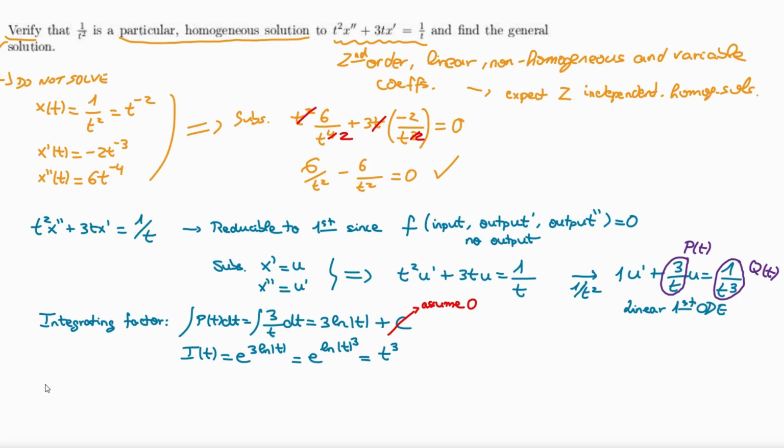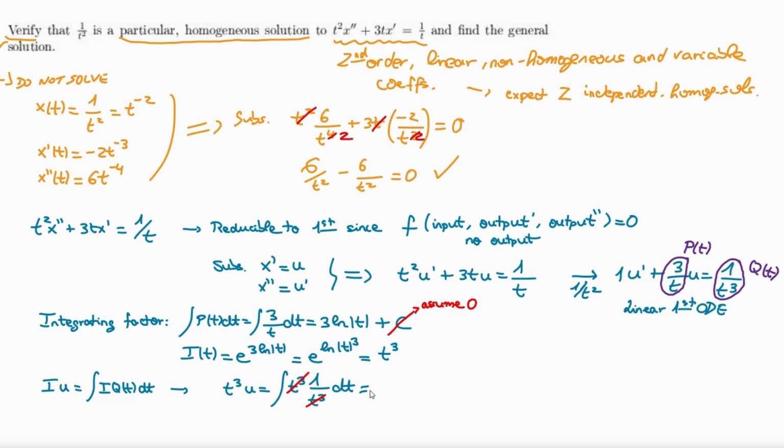Final step, we know that in linear structures the integrating factor times the linear variable equals the integral of integrating factor times q of t. Very nice q, by the way. Everything cancels on the right, almost as if it was rigged, almost as if the person who set up the problem was a nice person.